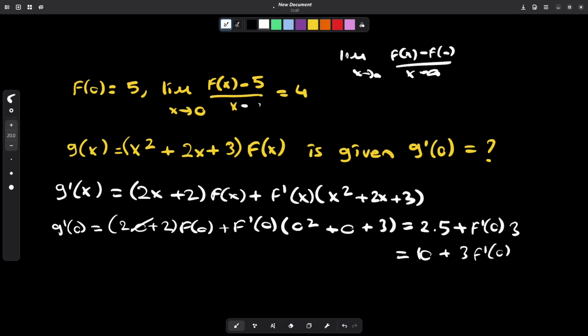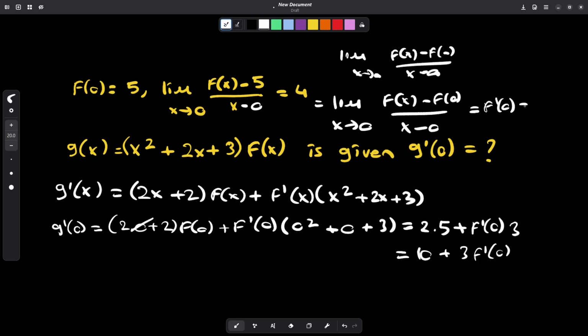Because if I subtract 0, I will not change anything, so I subtract 0, and 5 is equal to f(0), which clearly means that this limit is equal to f(x) minus f(0) over x minus 0, which is f derivative 0, and is also equal to 5. So I found my f derivative 0, which is equal to 5. 10 plus 3 times 5, which is 25, is my answer.